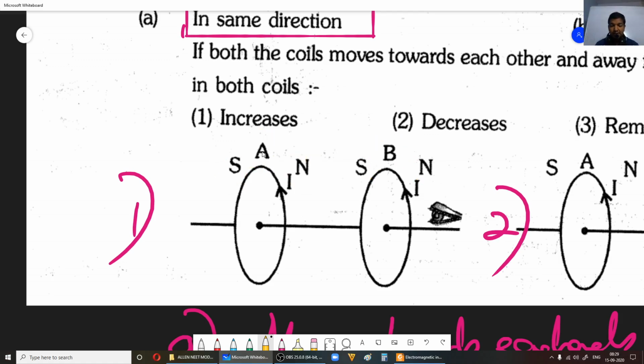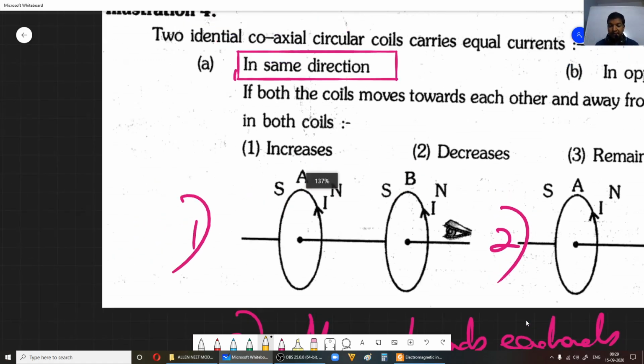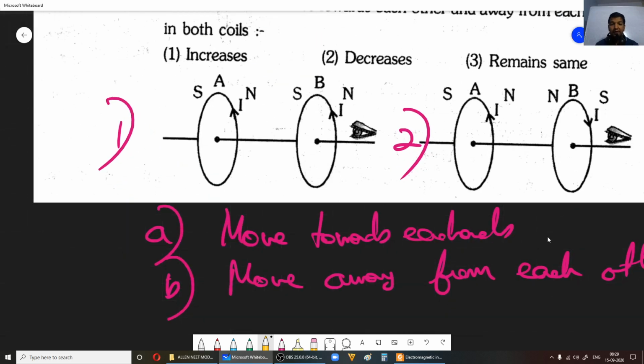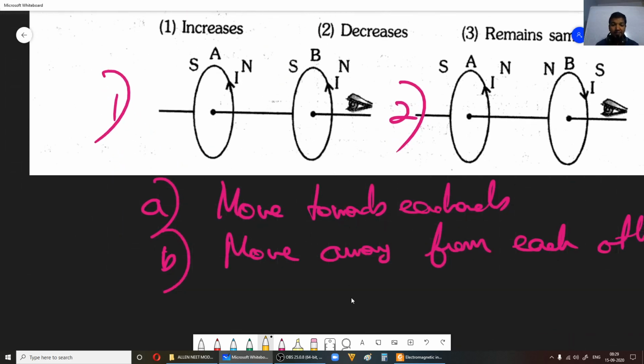Right, now let us try to answer this. Pay attention, this is really important, interesting also. Okay, right, now first let us consider the first diagram and consider the case when the coils move towards each other. Now let me make a copy of this.